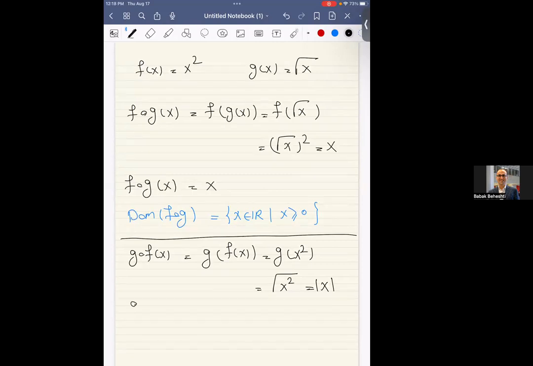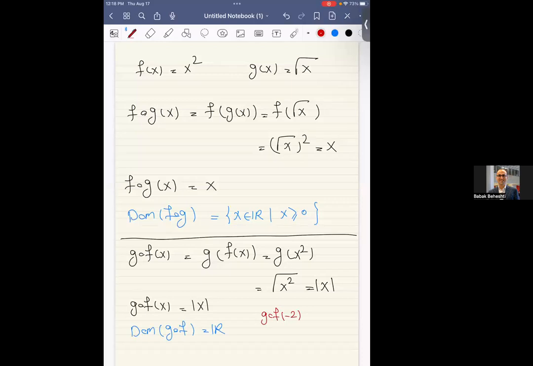So that means here g of f of x is the absolute value of x. But here the domain of g of f is all real numbers. For example, what is g of f of -2?